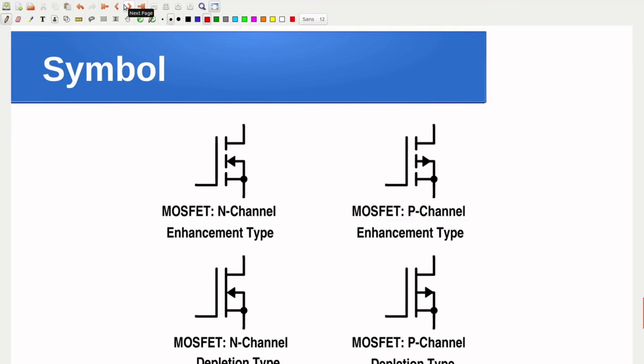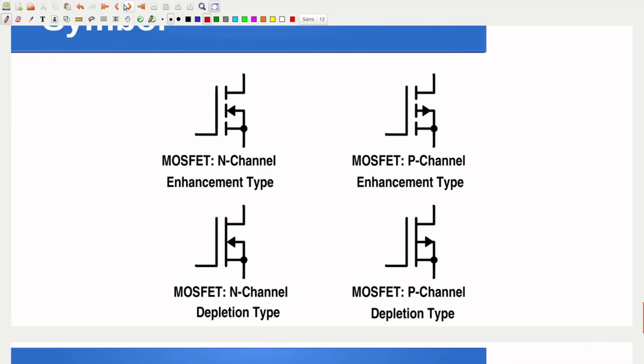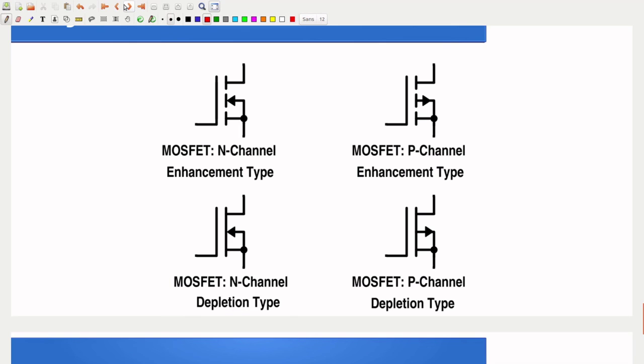Now, we have seen different types of MOSFET. We will just try to see the symbol of each type. In case of enhancement type, you can see a gap which denotes that there is no channel at the beginning. Only after the application of gate voltage the channel is formed. That is the case of enhancement.